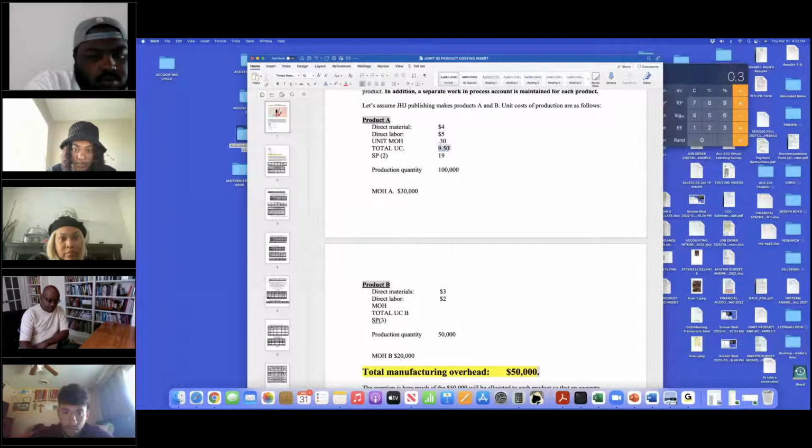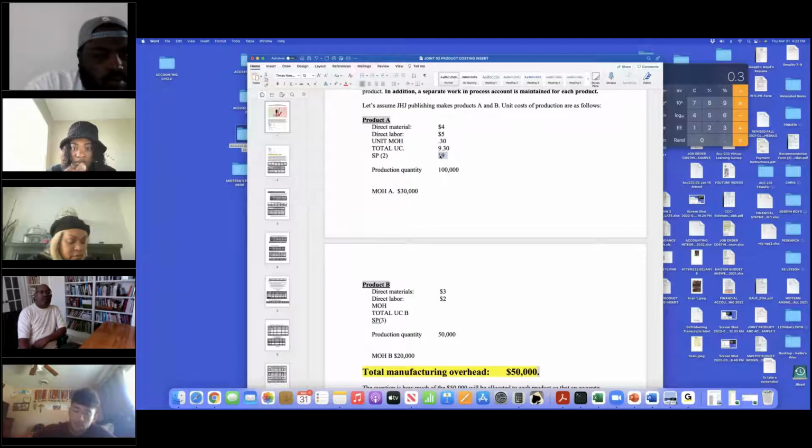So what's our selling price going to be? Unit cost is 930, so selling price is going to be 1860. What about for product B?